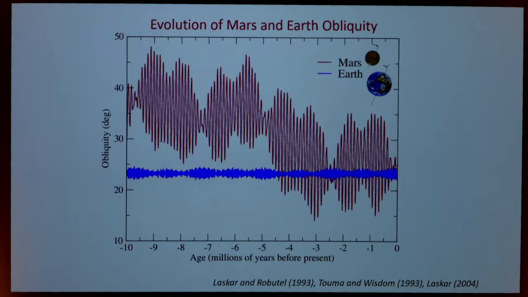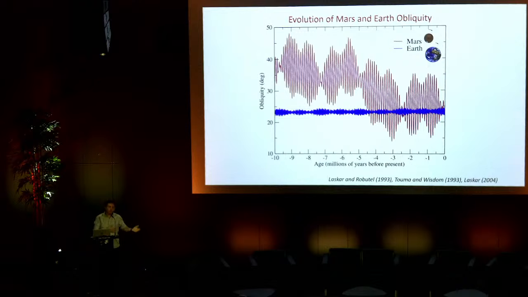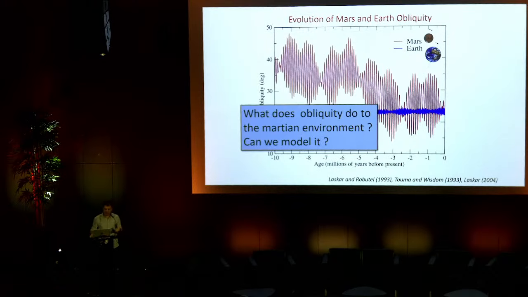And according to Jacques' work, in the past, statistically, it could have been almost down to 0 and up to above 60 degrees, possibly. So the key question is, what does obliquity do to the Martian environment? Can we model it? That's really the topic of research, and it is more difficult than even I used to think.